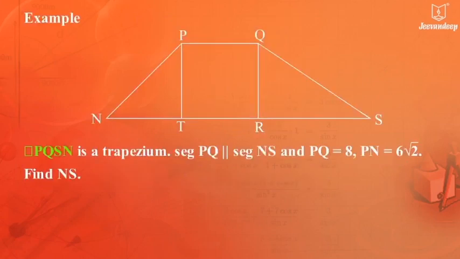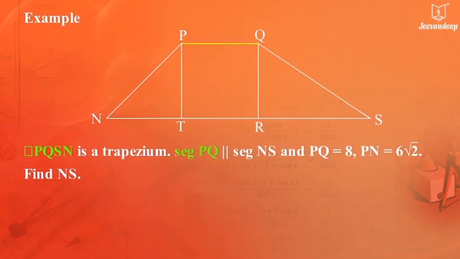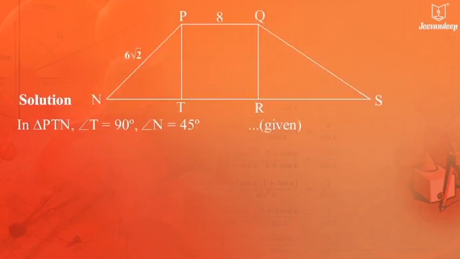Example: quadrilateral PQSN is a trapezium. Segment PQ is parallel to segment NS, and PQ equals 8 and PN equals 6 root 2. Find NS. In triangle PTN, angle T equals 90 degrees.